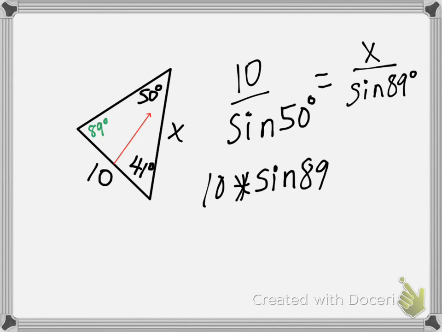Don't forget those parentheses when you're entering that into your calculator. And then divide that by sine 50 to find our answer. Don't forget the parentheses. So our side x is going to be equal to 13.05, which will round to 13.